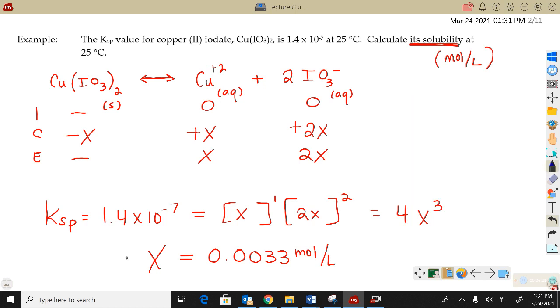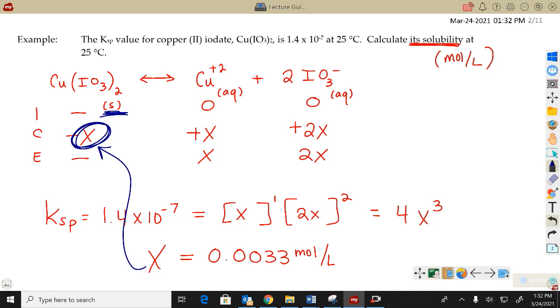So technically the solubility is the amount of that original solid that does dissociate. How much solid will dissolve? The maximum amount I can dissolve is about 0.0033 moles per liter. And again, if they ask me what would be the maximum mass, then I would just take 0.0033 moles of copper iodate and turn it into grams.